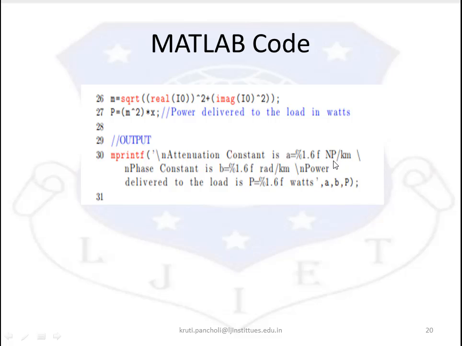The attenuation constant unit is Neper per kilometer. Then the phase constant and the power delivered to the load. So this is the MATLAB code for the two programs. You have to run this program in MATLAB for practice.